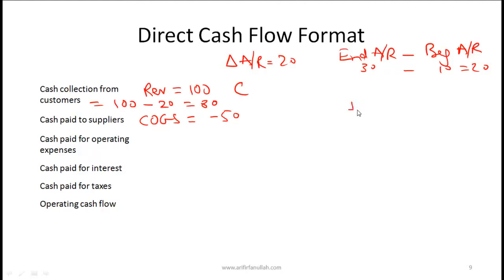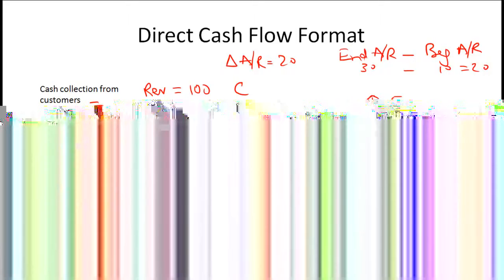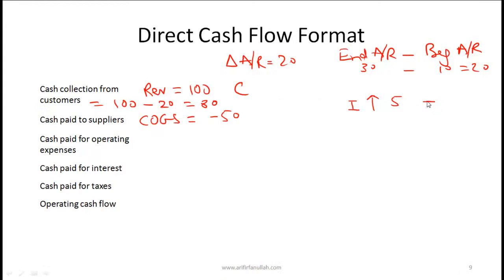So inventory is an asset, and let's say that in our particular case inventory increased by 5. If you recall, an increase in asset means that we have used up cash, so that's minus. Since inventory went up by 5, we put minus 5 over here.